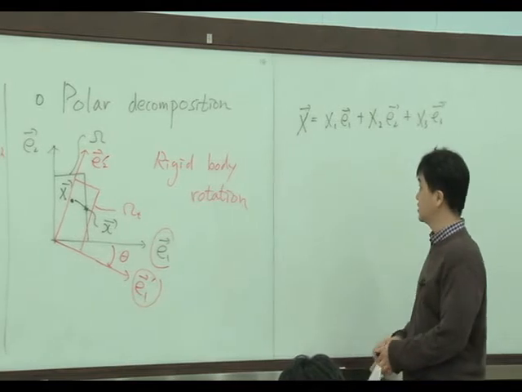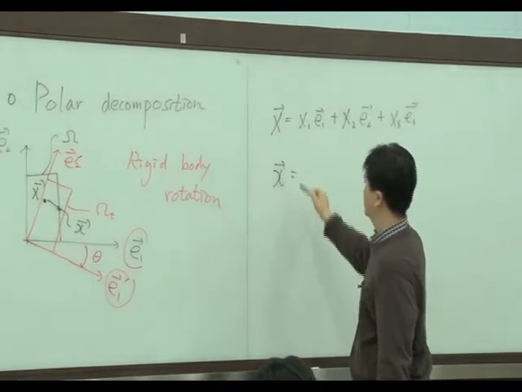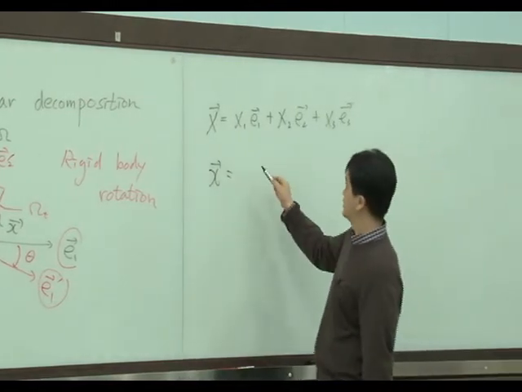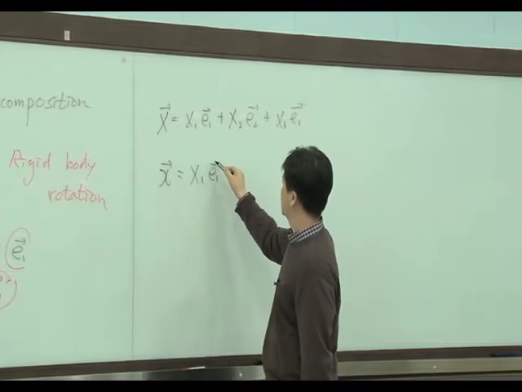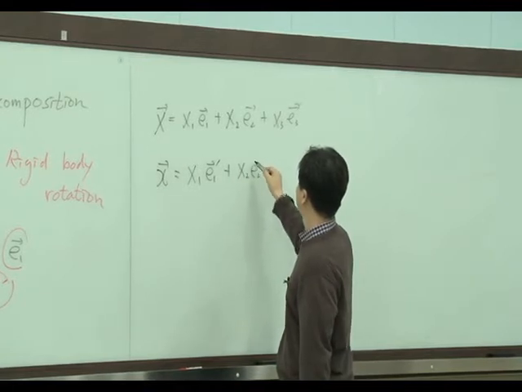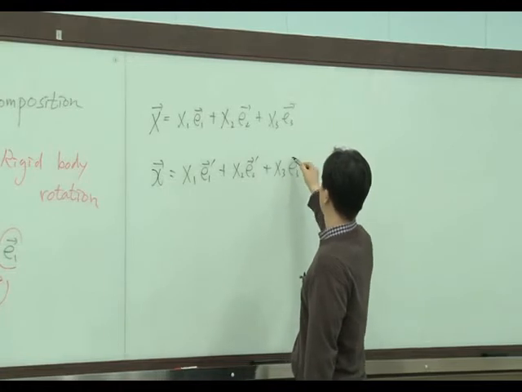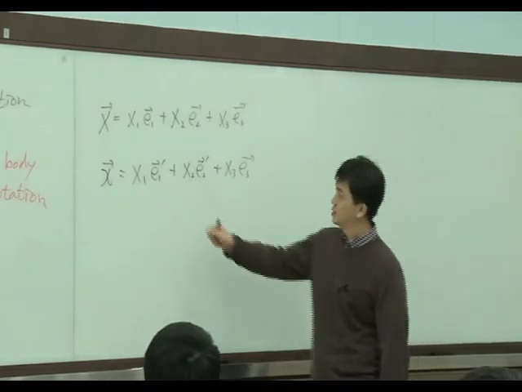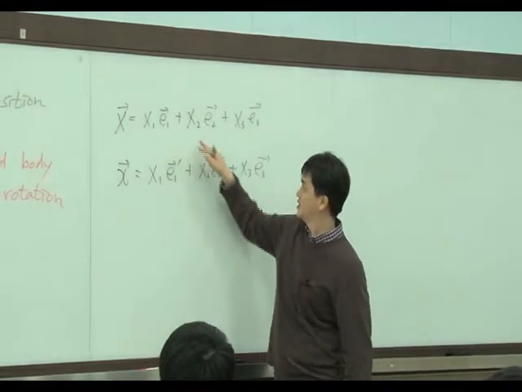But the very interesting, important thing is that the current position can be expressed by x1 E1 plus x2 E2 plus x3 E3. Do you understand? The base vector is changed, but the component is still the same.